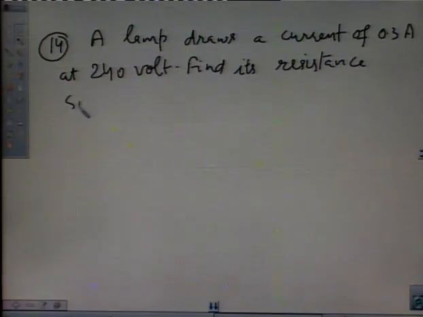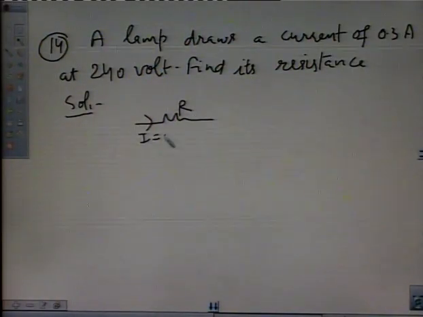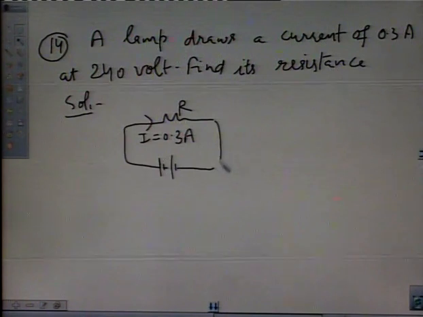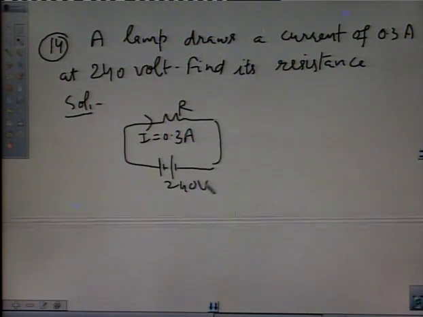So solution is, we have an incandescent lamp whose resistance is R and a current I, which is equal to 0.3 ampere, is flowing. It is connected to a voltage which is 240 volt.